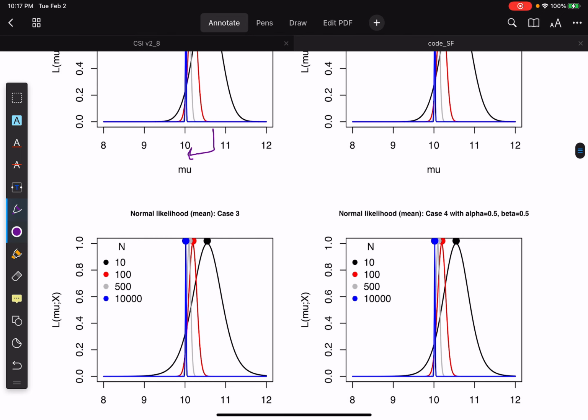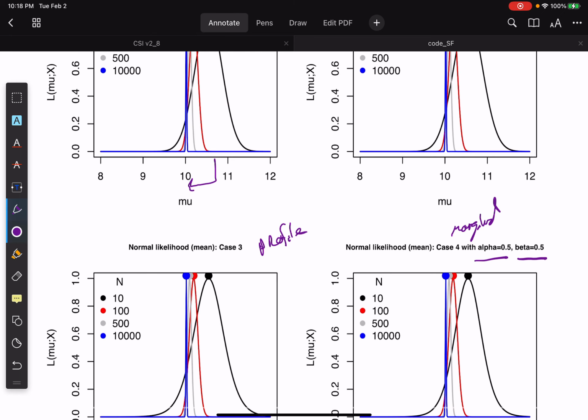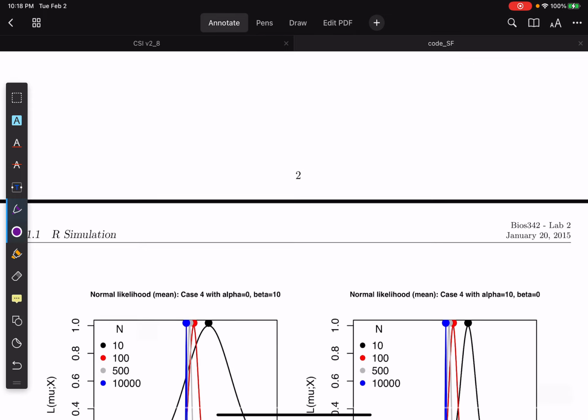In this case, this is the profile likelihood right here. And this is the marginal likelihood. But of course, to do the marginal likelihood, to do the averaging, I need to specify my prior distribution. So that's what I have done here with alpha and beta. I think you can compute these and you can look at them, but they're very hard to compare. So I'm going to pull them all together on one graph.